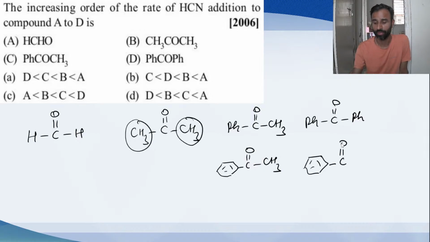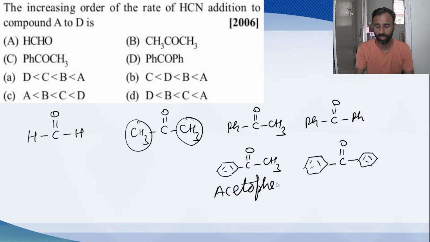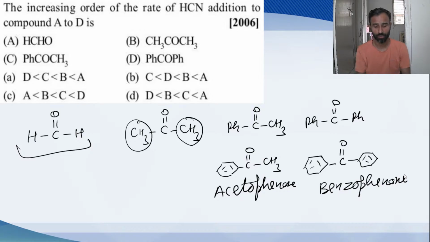Okay, this is benzophenone. So you know, most reactive is formaldehyde, and least reactive is benzophenone. That means D is least reactive towards this reaction because HCN addition is nucleophilic addition.